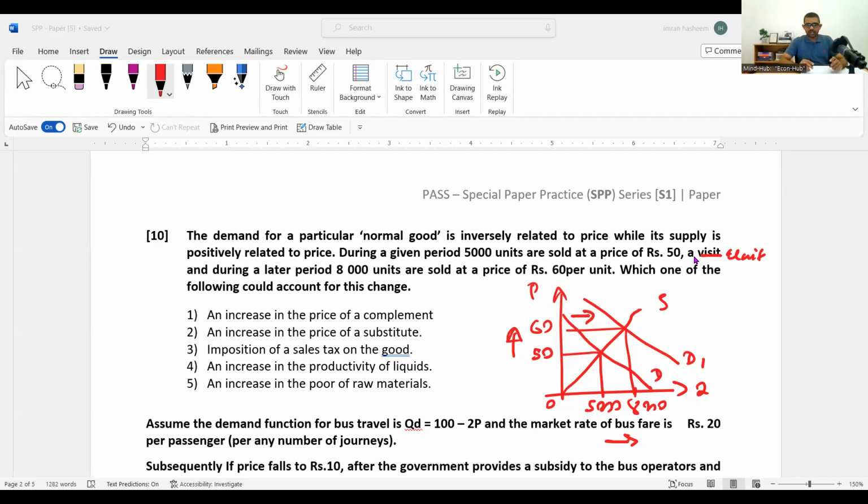An increase in the productivity of labor, sorry for that, supply will increase, then the price will decrease.